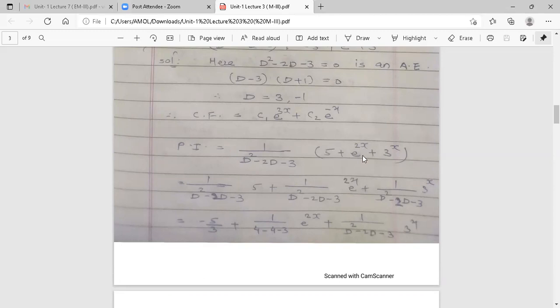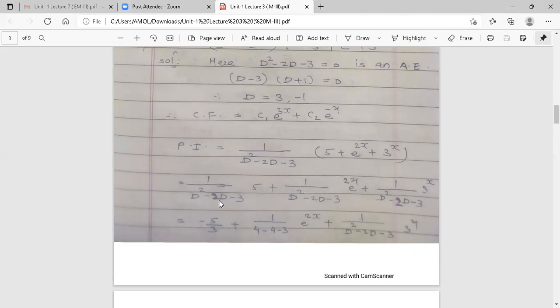Now how to find the PI? There are three terms, so you separate all the three terms: 1 upon d square minus 2d minus 3 into 5, plus 1 upon d square minus 2d minus 3 into e raised to 2x, plus 1 upon d square minus 2d minus 3 into 3 raised to x.